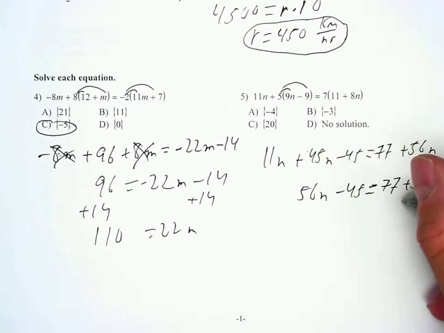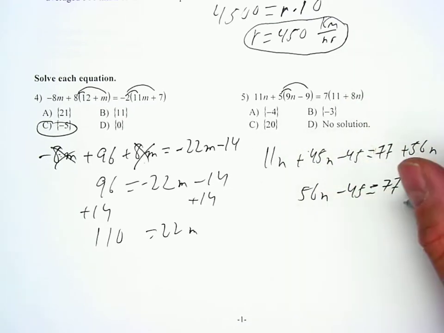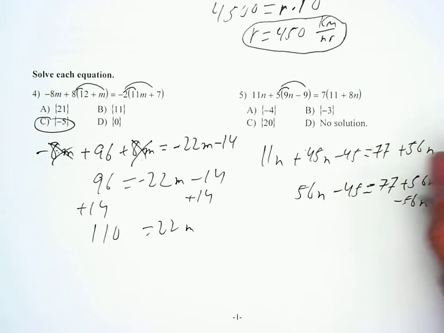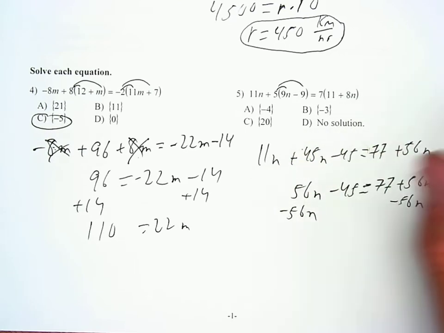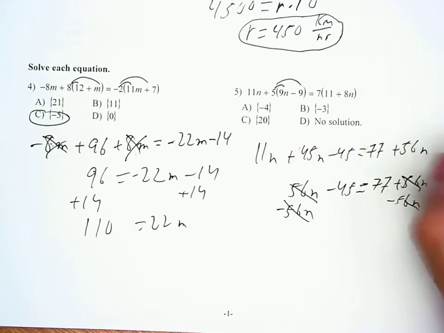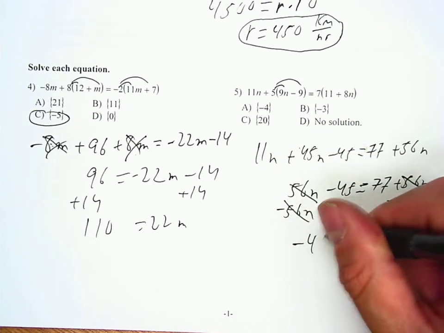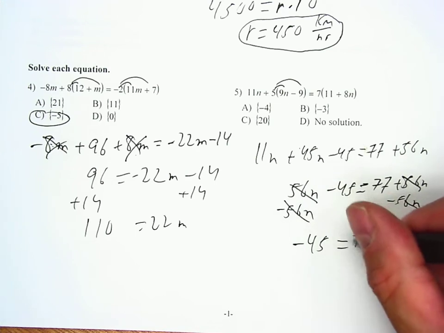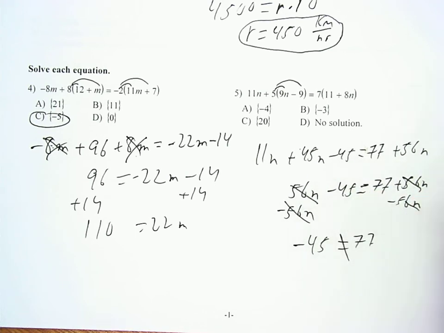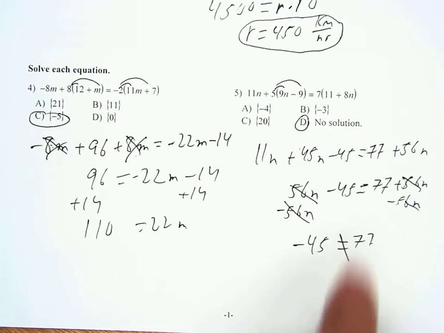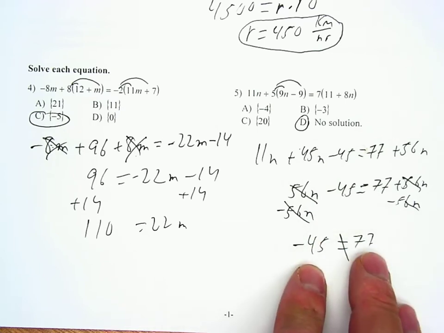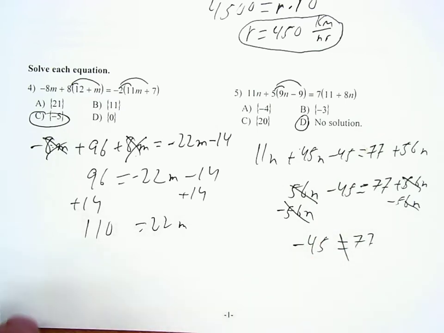So when I subtract from the left to the right, or from the right to the left, either way, they're going to cancel each other out because it's the same 56n. And we're left with a statement only, that negative 45 is equal to 77, which is a false statement. It's not a valid statement. A slash through the equal sign. That's an invalid statement, meaning this has no solutions because there is no value of n that will make negative 45 equal to 77 on this question.